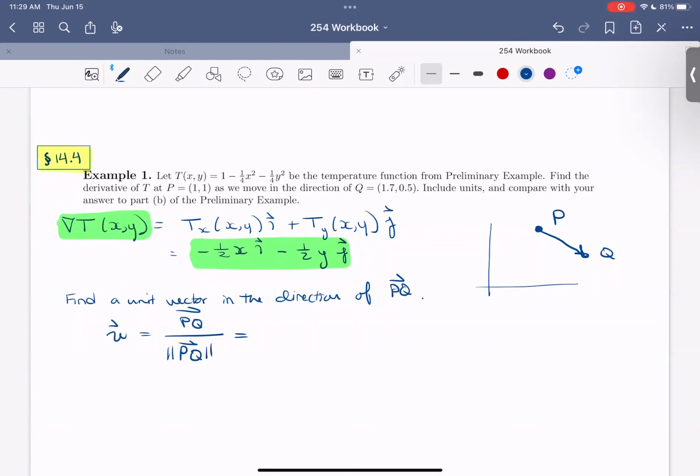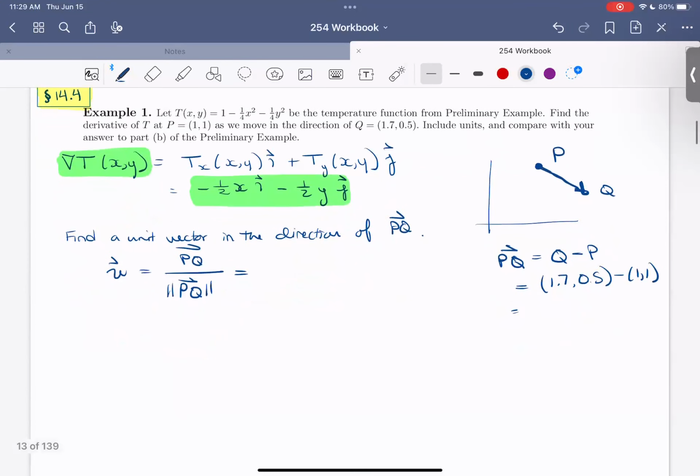To determine the vector PQ in components, we have to take the point Q minus the point P. So that's going to look like (1.7, 0.5) minus the point (1, 1). Then in each component, the x component will be 1.7 minus 1, which will just be 0.8.